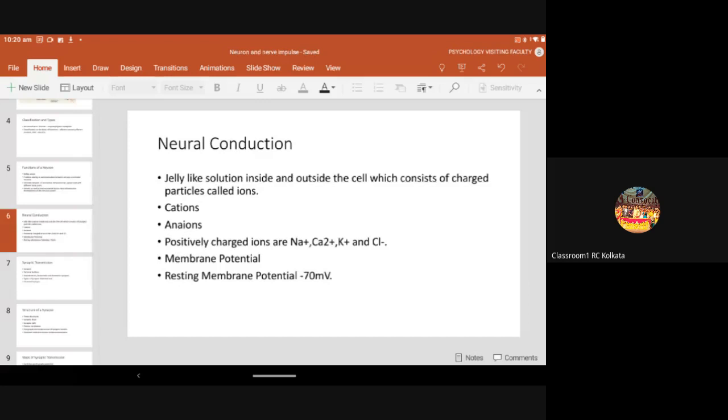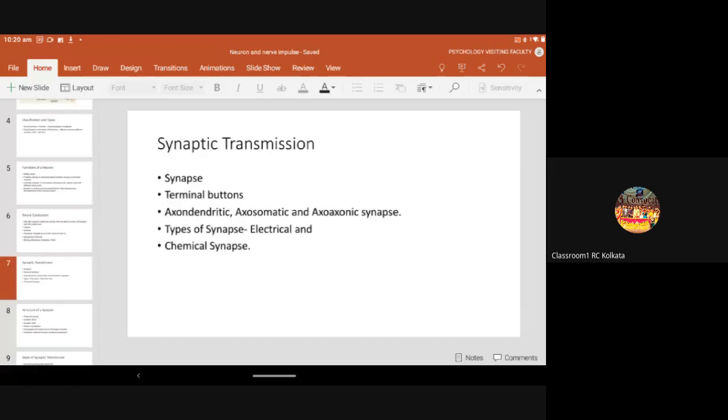Then the next one is the synaptic transmission. First I have to tell you about the types of synapse, that is the electrical and the chemical synapse. Then the functions or structures mainly, like the next slide.